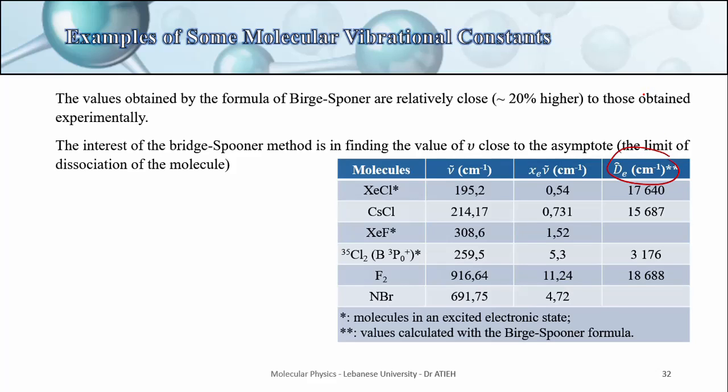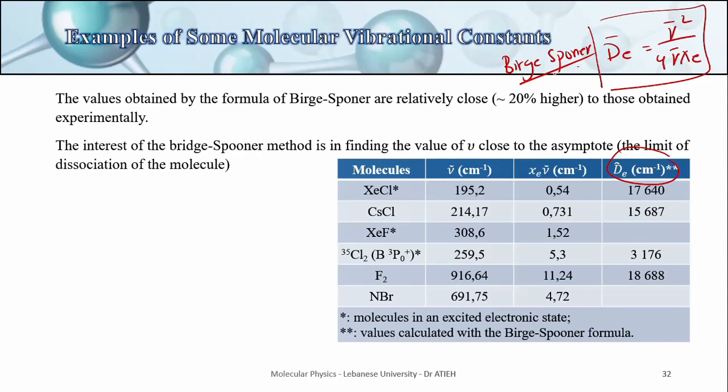Of course these values were found using the formula D e bar is equal to nu bar squared over 4 xe nu bar, the formula of Birge-Sponer.